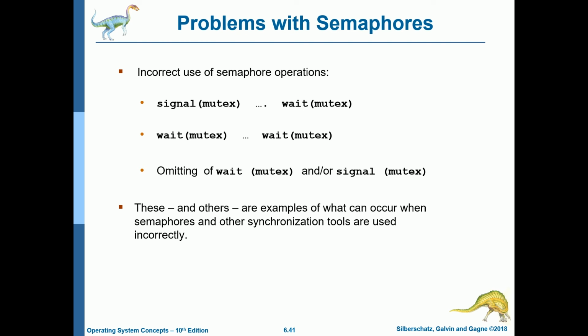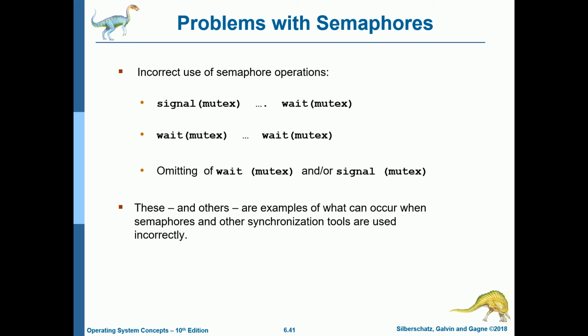Let's look at another one. Let's suppose a program replaces the signal with wait, so that it executes like this, a wait followed by a wait. Now in this case, the process will permanently block on the second call to wait. And finally, let's suppose that a process omits the wait or the signal, or maybe both.